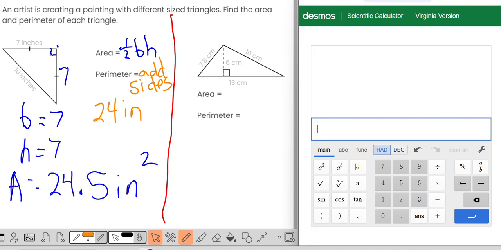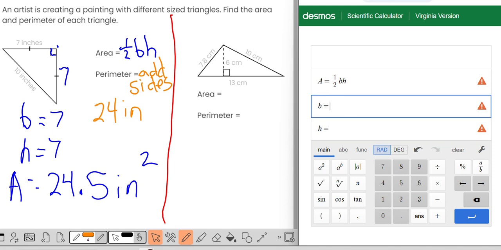Okay, so let's go back and let's try this again. So I'm going to type in my formula. Area equals 1/2, come out from under there, base times height. And then I'm going to figure out what my base is, and I'm going to figure out what my height is, okay? So here's your height here. Remember that that's an imaginary line. It's not really there. It's just a measurement. So your height is 6.